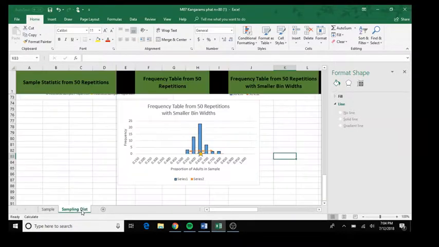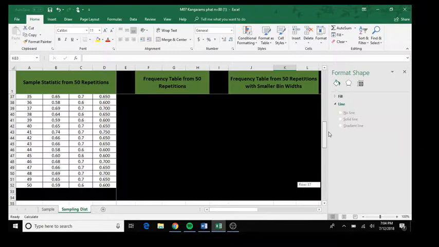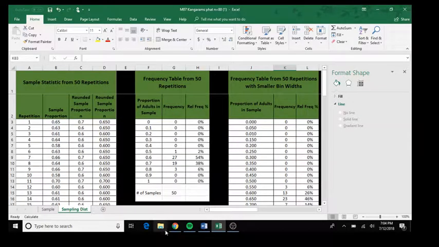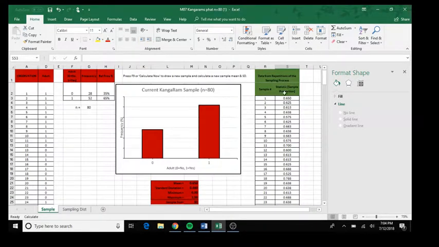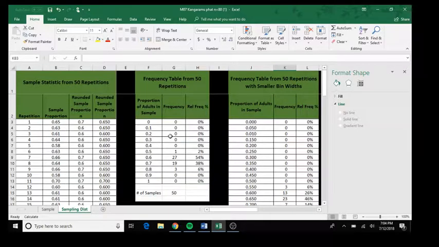On to sampling this. After I put down all of my numbers for the data for repetitions of the sampling process, the numbers did it for me.